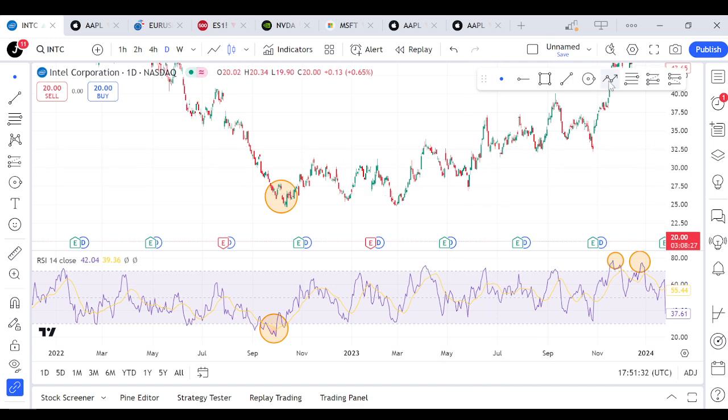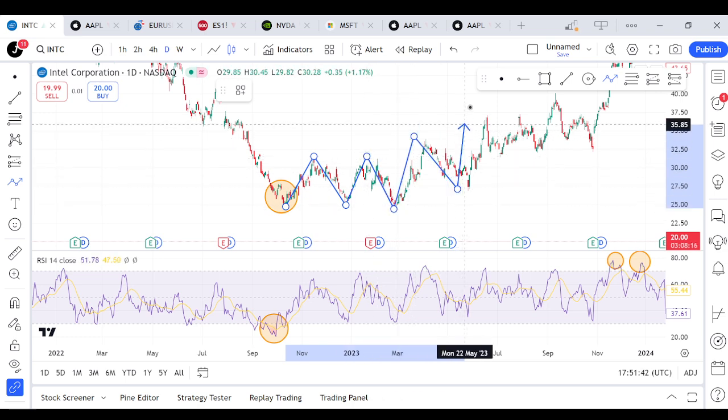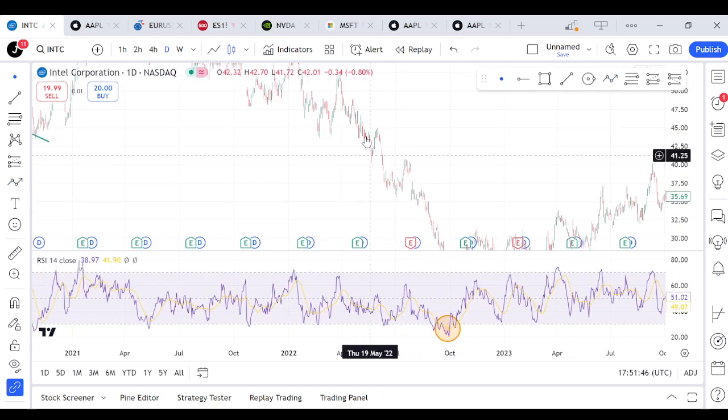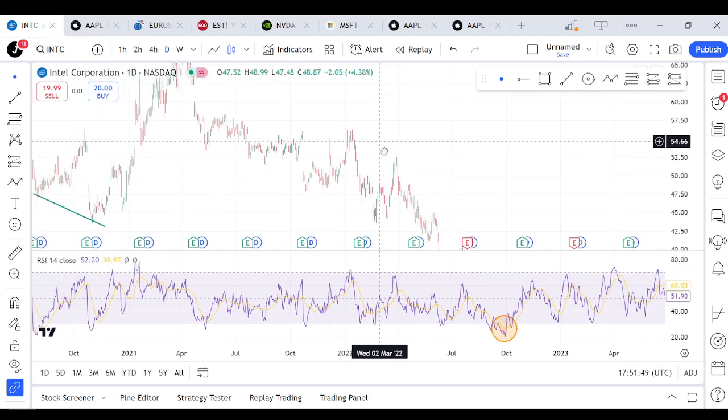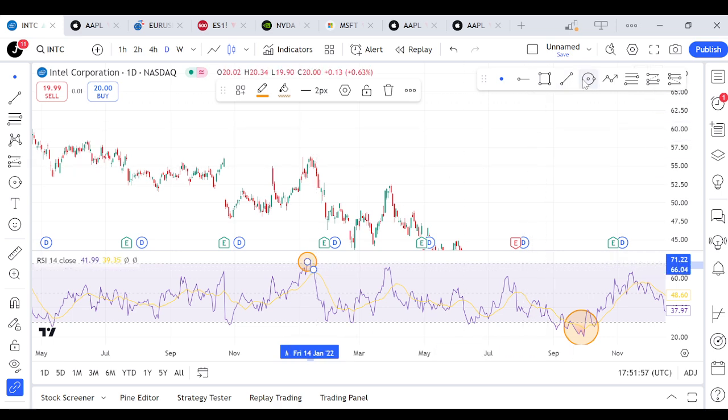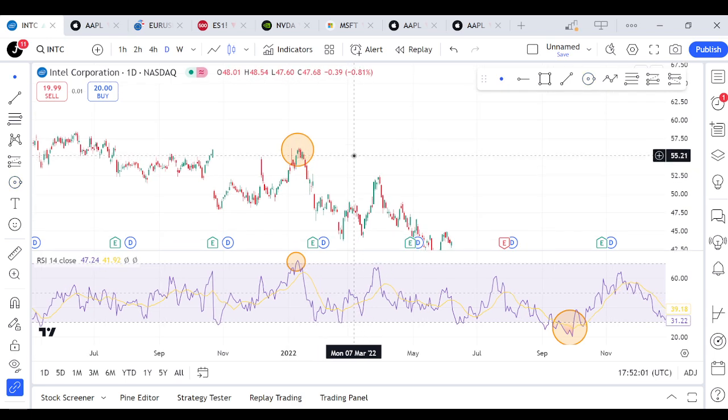And then after we had this oversold condition in the market, we started having several pushes to the upside before we had the final push to the upside to continue the uptrend. So this is how the RSI works. You can see this oversold, overbought condition on the RSI. You can see it reflected in price wonderfully. So that is the RSI.